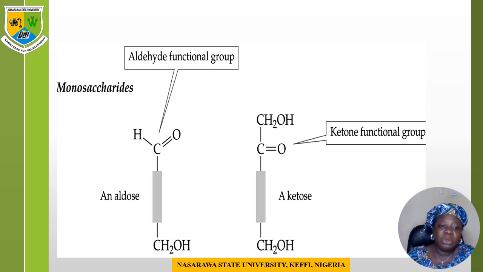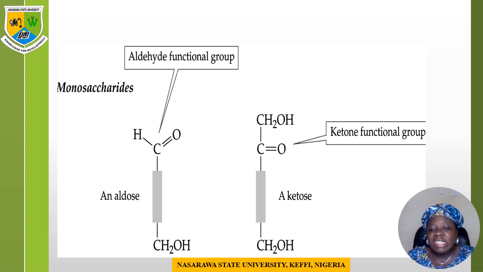It is as shown in the slide, where we have the carbon atom bonded by a double bond to oxygen, and hydrogen is bonded by a single bond to the carbon.